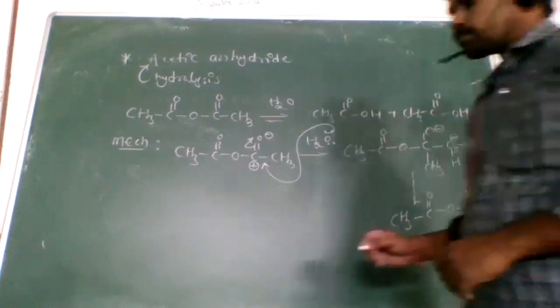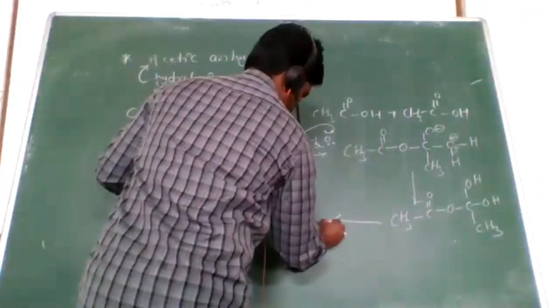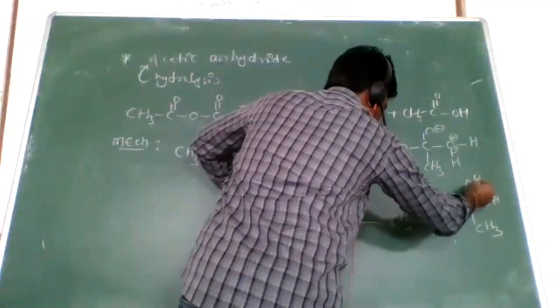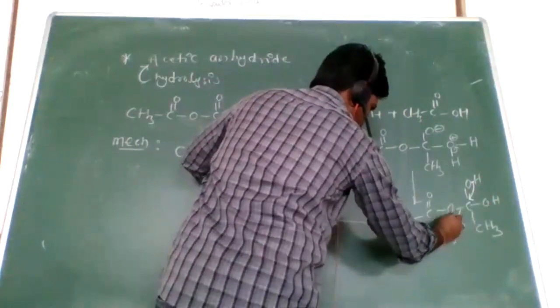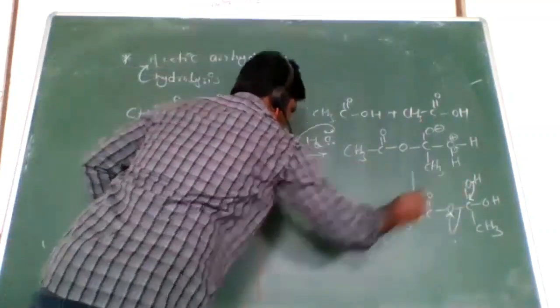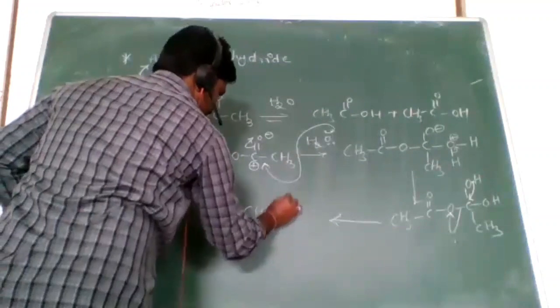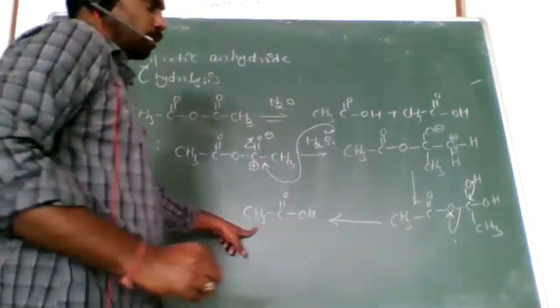Next here is the CH3. Now look at how it separates into 2 moles of carboxylic acid. These bond electrons shift to the inside, and these bond electrons shift to the oxygen side. Oxygen takes the H plus ion, giving CH3 C double bond OH, forming 1 mole of carboxylic acid.